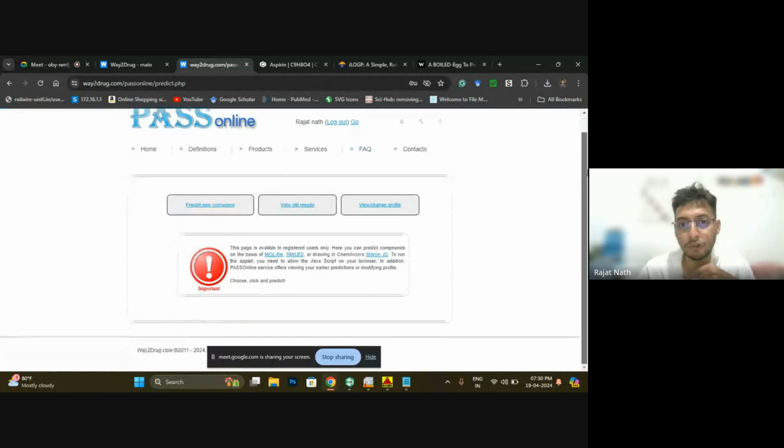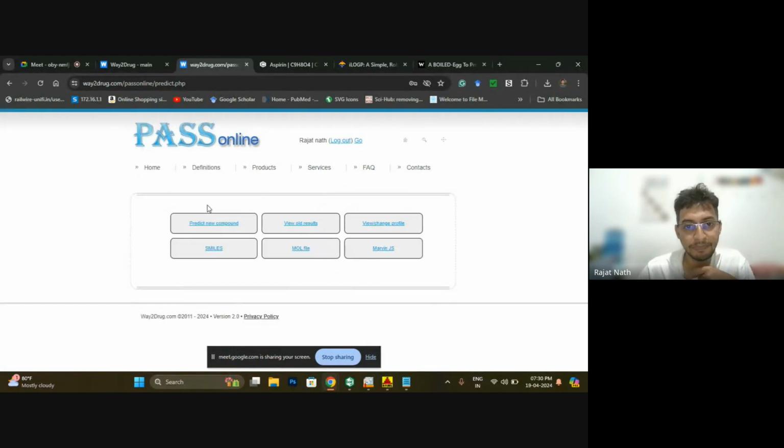Here you can predict a new compound by clicking predict new compound. Now there are three options to upload your compound: SMILES, Molfile, and Marvin JS. SMILES is the easiest way to input our file, so I will click on SMILES.